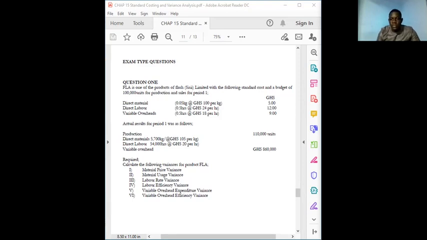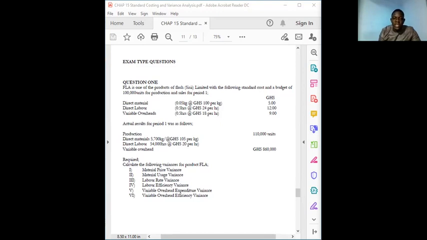Okay, good. The next for us to find is the labor rate variance. So 3. Labor rate variance is equal to the actual rate minus the standard rate measured at actual hours.